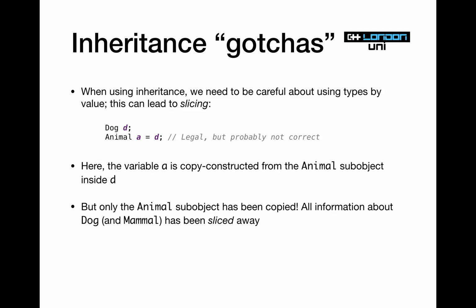It means all information about dog, all information about mammal, all information about the other intervening base classes, has been discarded. This variable A is not a dog, it's not a mammal, it has no other base classes, it's just an animal. It knows nothing about the base classes anymore. All we've done is create a copy of the animal subobject inside the dog.